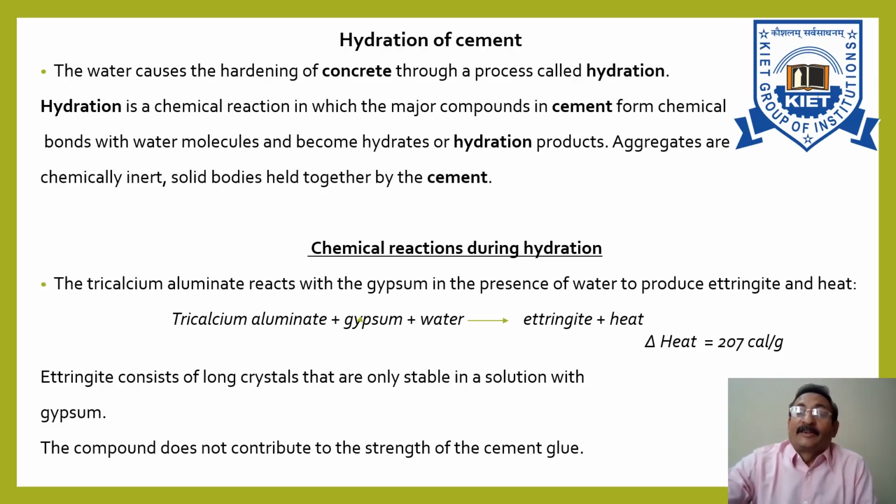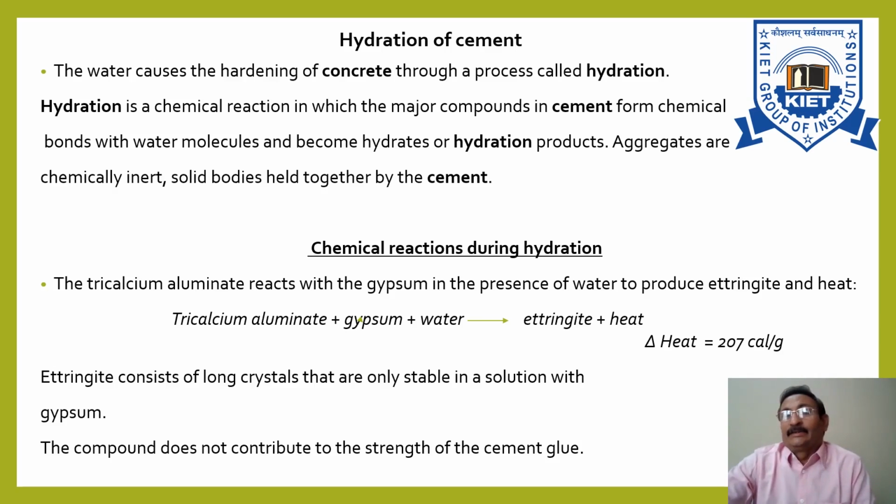It is a chemical reaction in which the major compounds in the cement form chemical bonds with water molecules and become hydrates, or hydration products. If we say that aggregates are chemically inert, then cement is the body which combines them together.